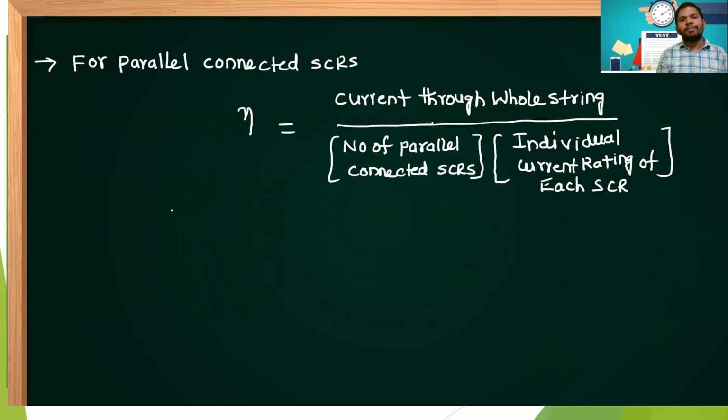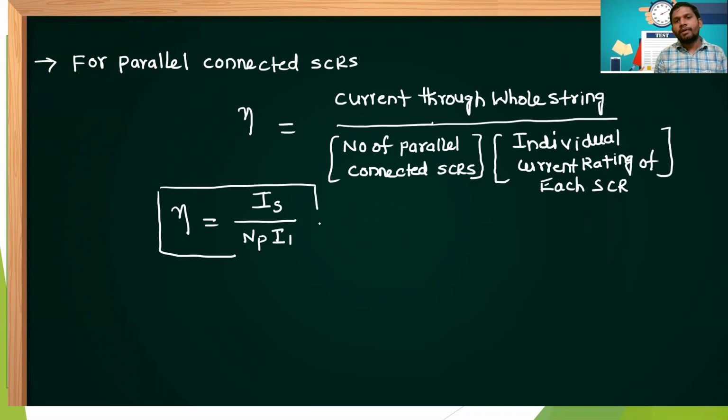As a notation for simplicity, the string efficiency eta equals, let us assume the current through the whole string is Is, the number of parallel connected SCRs is Np, and the individual current rating of each SCR is I1. You can also write it as a percentage string efficiency: Is divided by Np into I1, into 100.